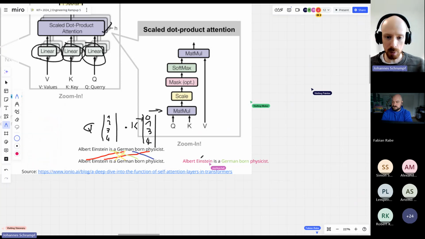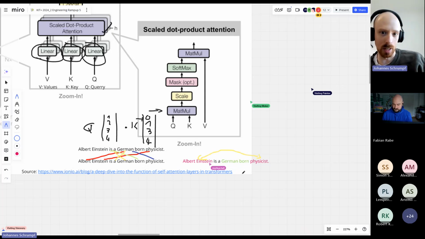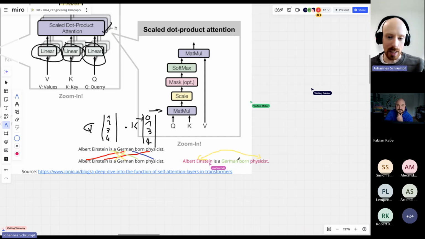For example, this connection between Albert Einstein and physicist is what the network then learns, because maybe it's important for the network to know that Albert Einstein is a physicist, right? And this is the magic basically that happens within the transformer architecture, that these relationships between these tokens or between these words can get extracted through this very, very simple operation that happens here.